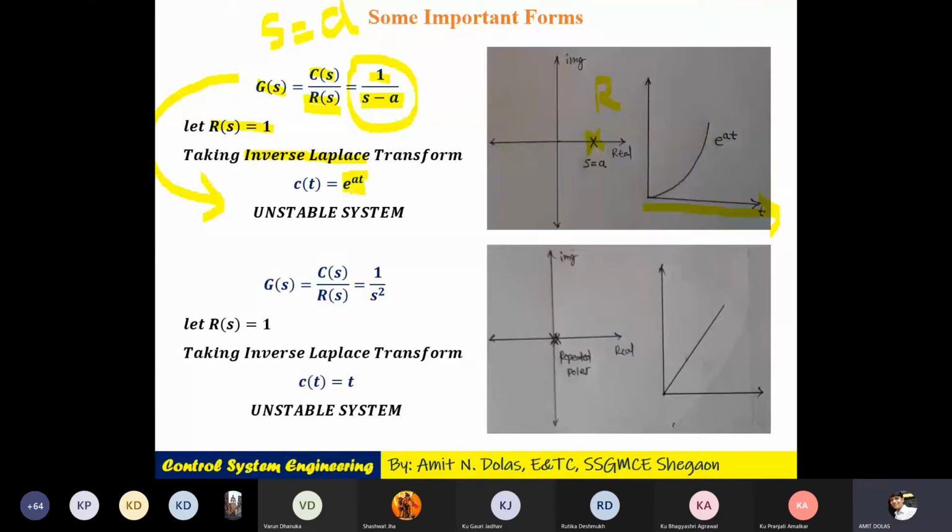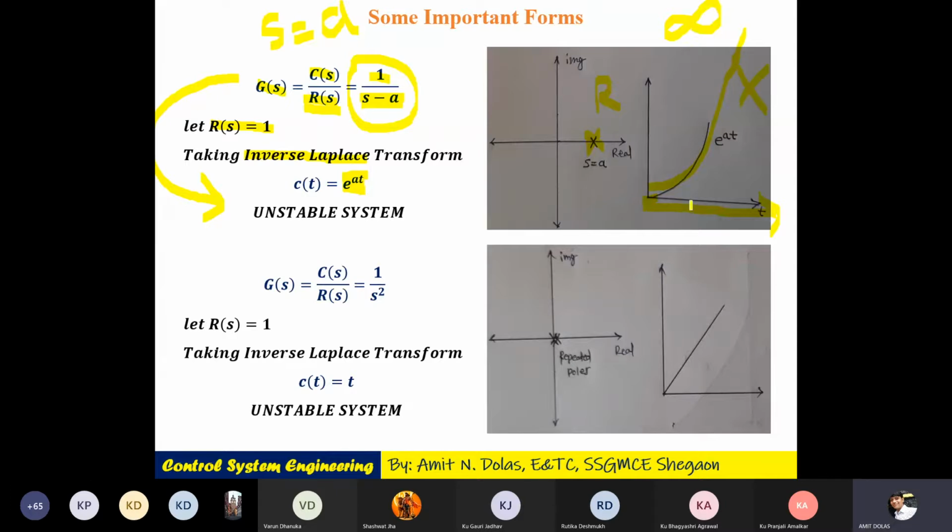If you plot this e raised to power at, suppose t is 0, then e raised to power 0, you will start somewhere here. As you go on increasing the time, it will go towards infinity. So is the output bounded? No, the output is not bounded.